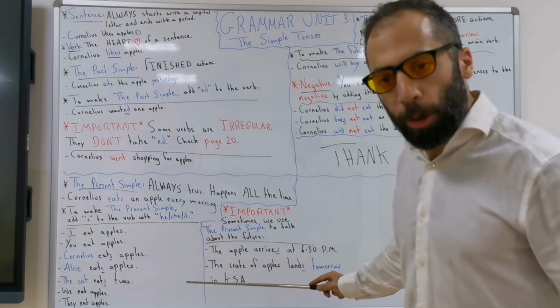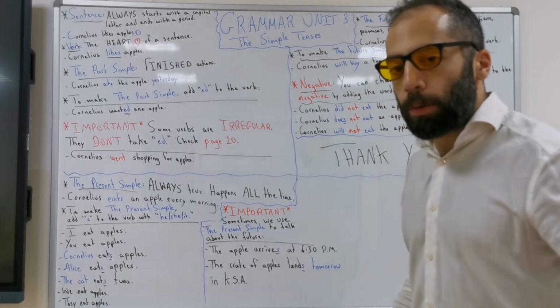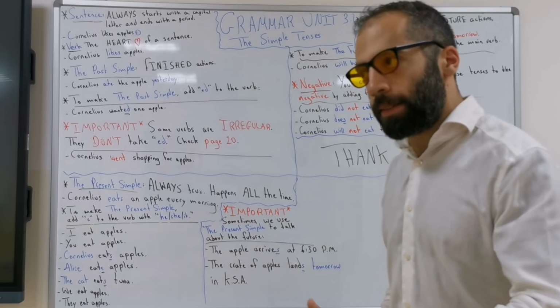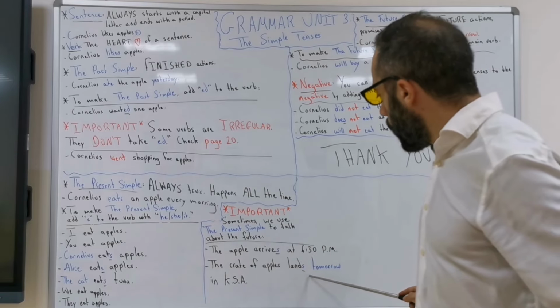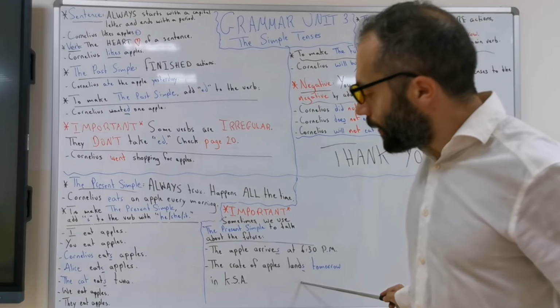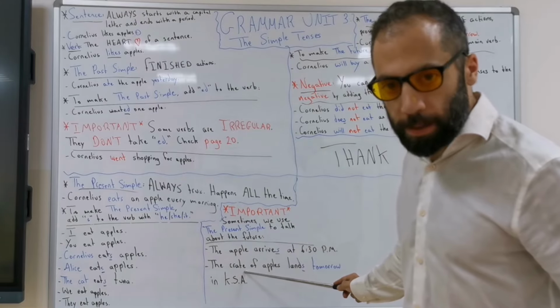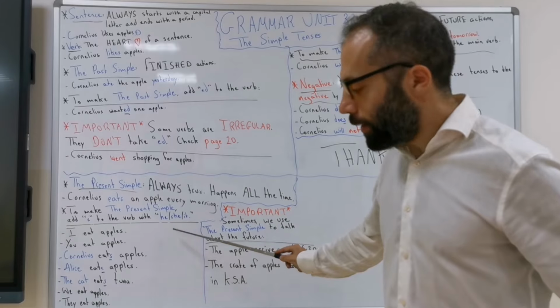Let's look at another example over here. The crate of apples lands tomorrow. Now the crate didn't land yet, it didn't arrive yet. It lands tomorrow. Notice how I also added S to the verb because I'm using an it. Now the crate or the box is an it. It's not a he or a she, right?